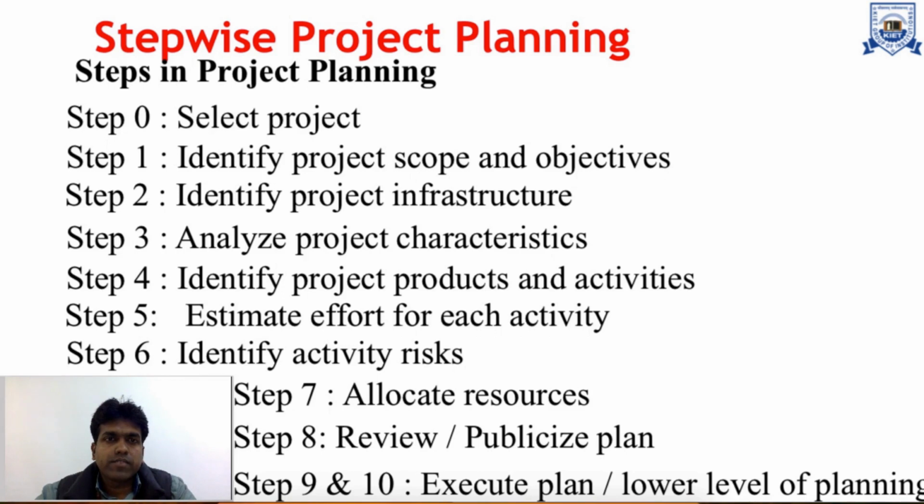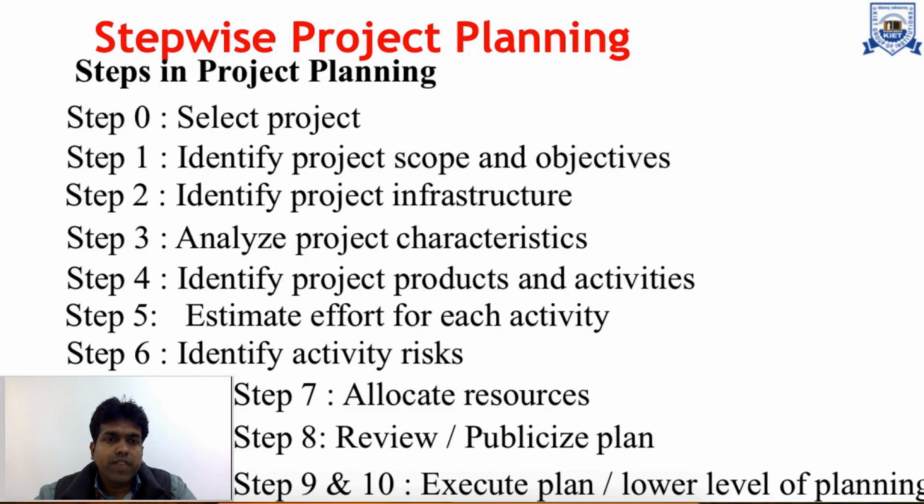So the zero step is basically select project. Then step one is identify project scope and objectives. Second one is identify project infrastructure. Step three is analyze project characteristics. Step four is identify project products and activities.